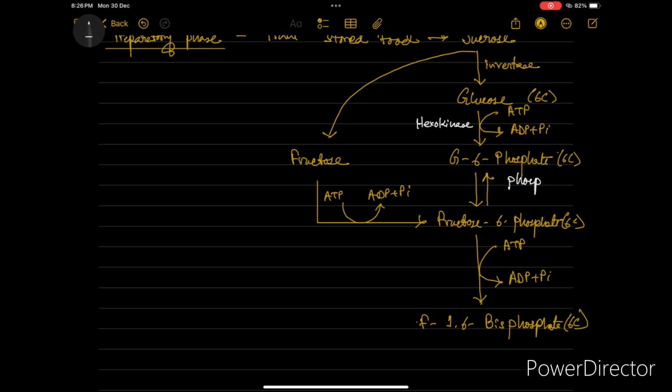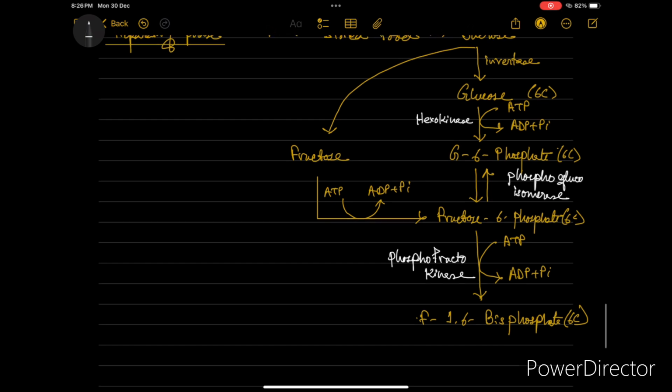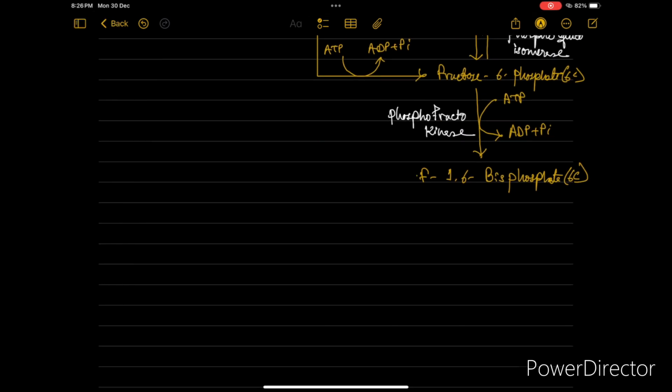The enzyme for the first step of glycolysis is hexokinase, for the second step phosphoglucoisomerase, and the third step is catalyzed by phosphofructokinase.